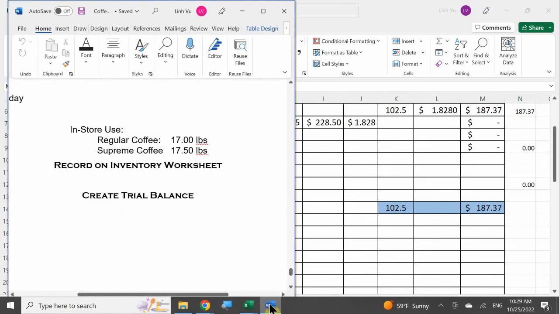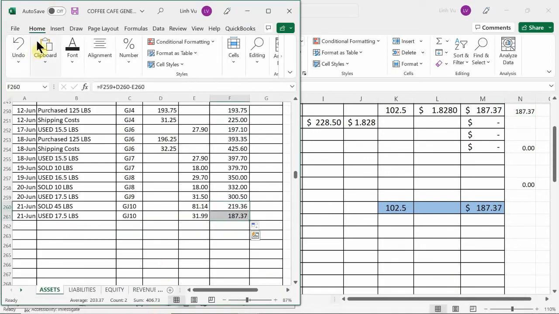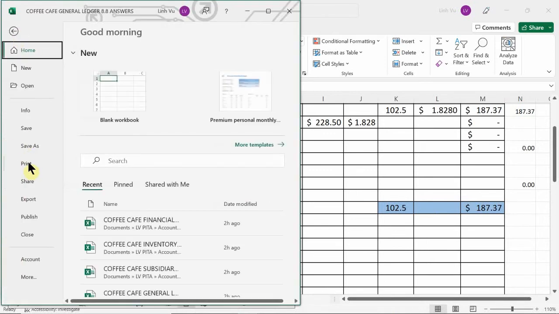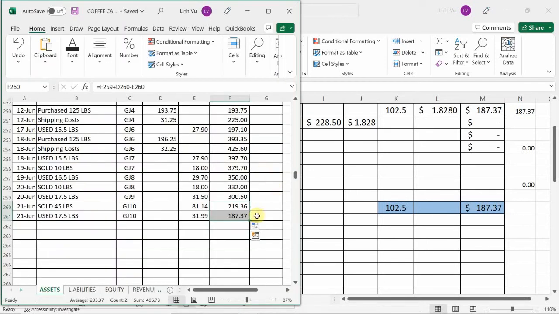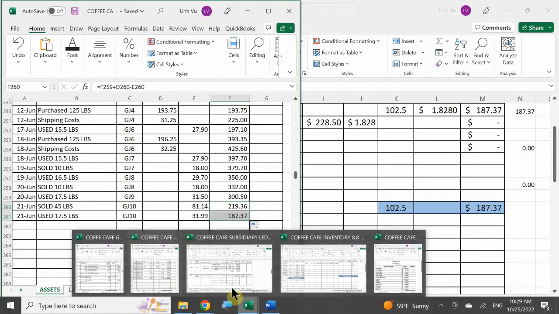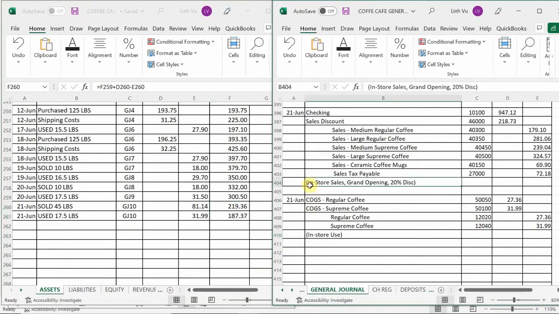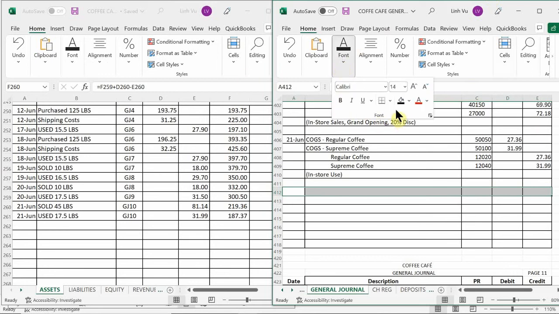Okay. Good. So save everything, because we are going to be doing my trial balance. What I like to normally do in my journal is put a little bar here, so then I know that this is where I end my transaction.